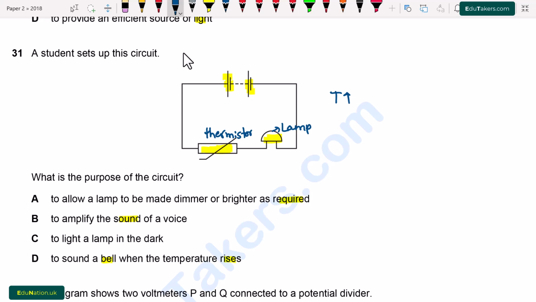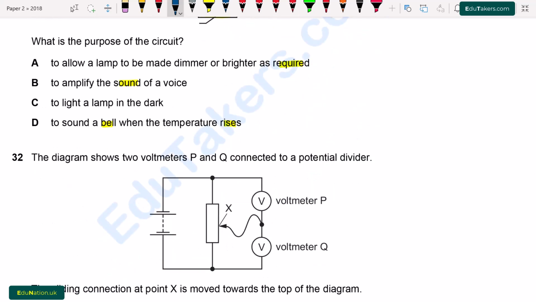And when the constant voltage DC source is connected, then as the resistance decreases, the current supplied to the bell increases. And the bell rings only when the current is increased enough to operate it. So basically the purpose of this circuit is to sound a bell when the temperature rises. Only option D is correct.